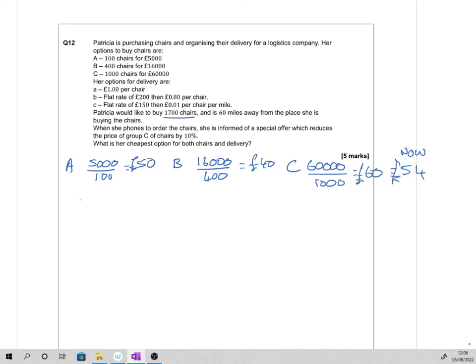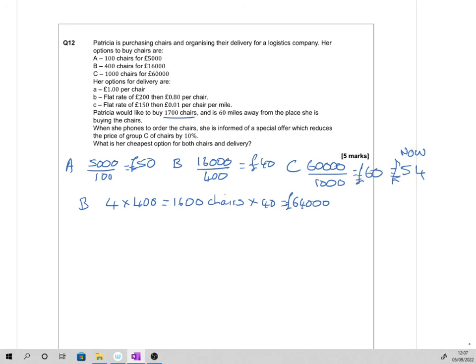Option B is 4 times 400 chairs, which is 1,600 chairs, times £40, which is £64,000 for all those chairs.